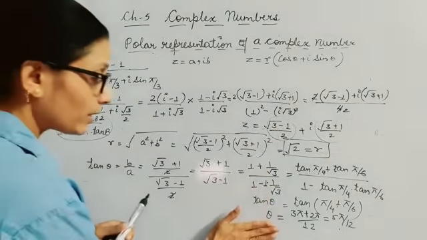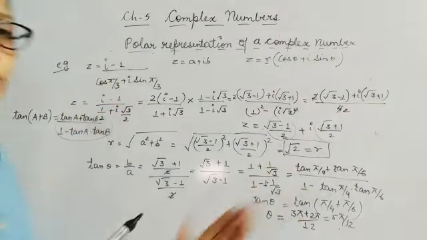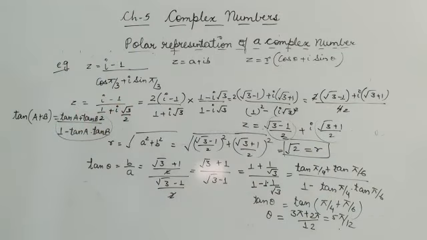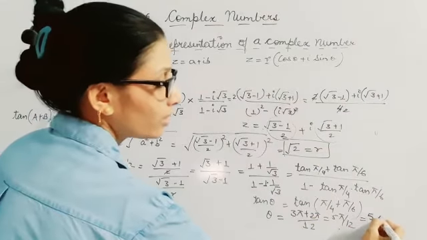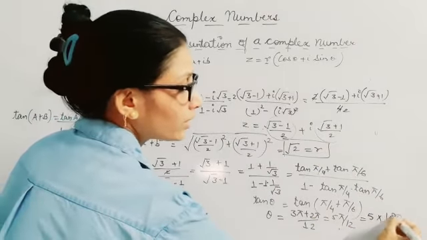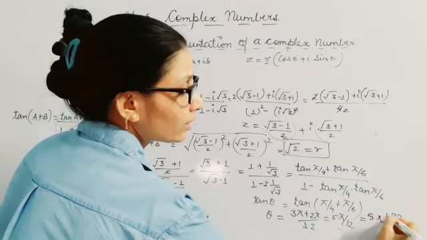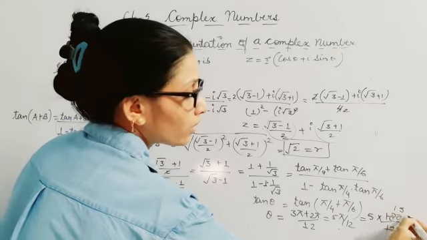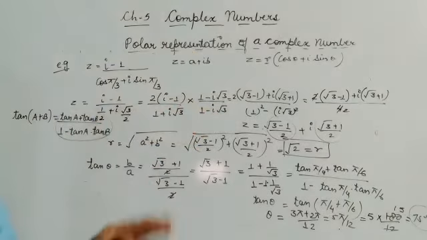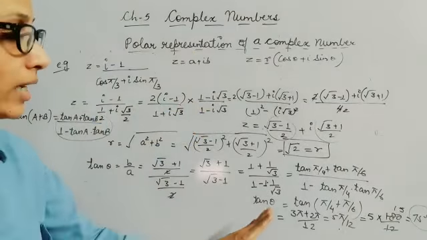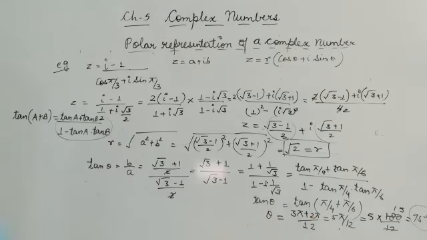But whether my theta is also lying in the first quadrant or not, you need to see. 5 pi by 12, that means 5 into pi, which is 180 degrees, by 12. So I can cancel, 12 ones are and 12 fives are, so this is 75 degrees. Yes, this is also in the first quadrant. That's why I'll be taking my theta as 5 pi by 12.